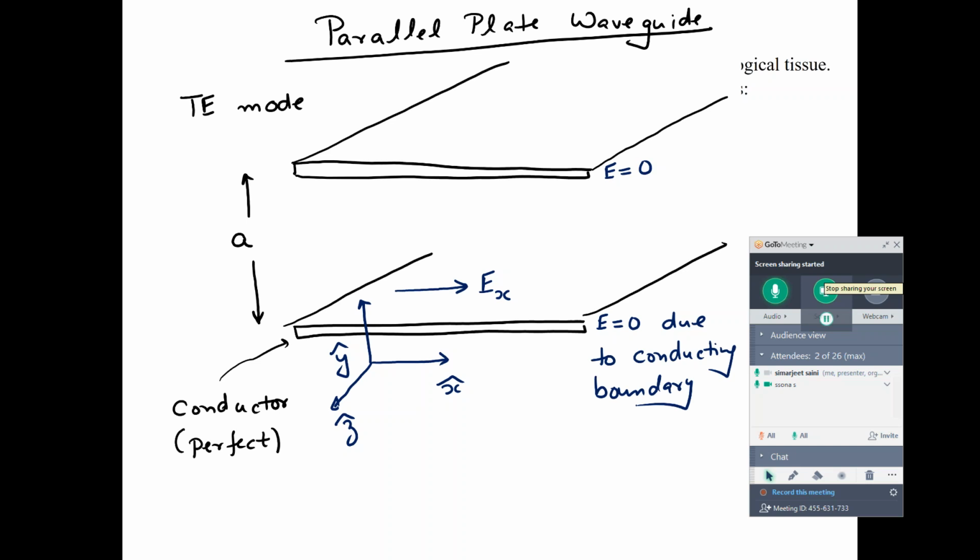Because this electric field has to be zero at these boundaries of the conductors, otherwise the charge of the conductors would distribute itself till the induced electric field cancels any electric field there.